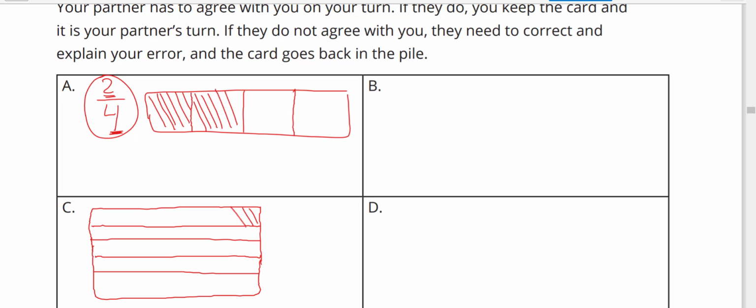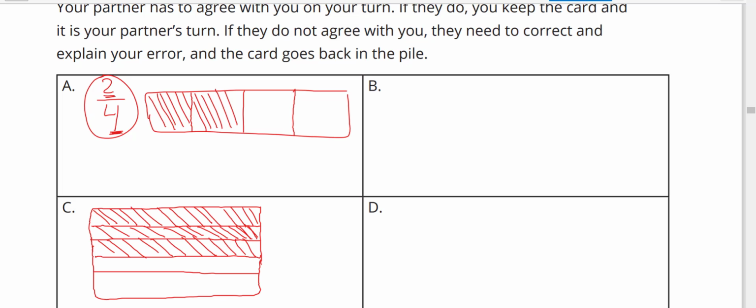And shade 3 parts. I can write this fraction.